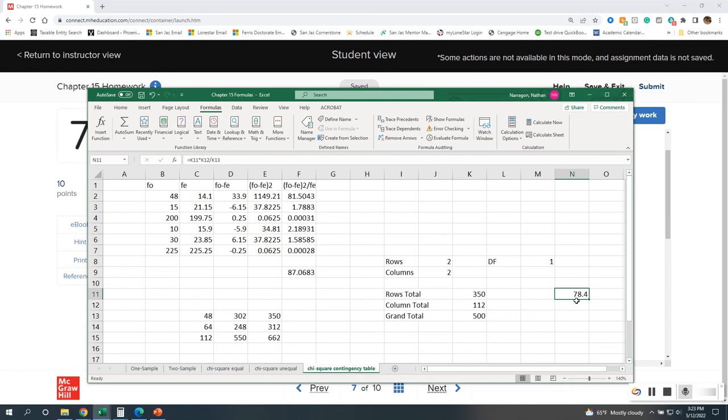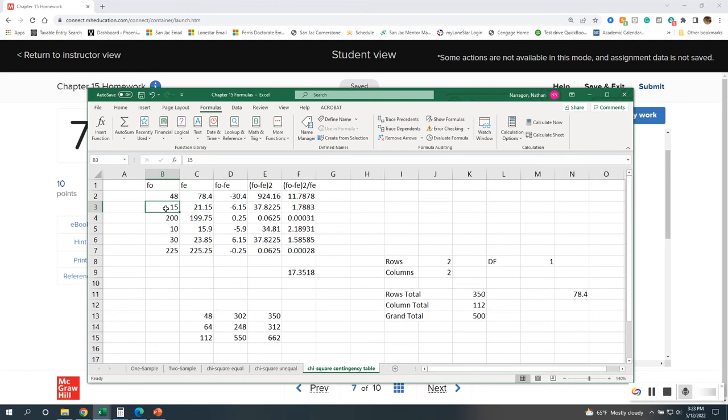So our formula to figure out what is expected is basically multiplying the row total multiplied by the column total divided by basically the sum of those two. So that means we expect to do 78.4. Okay. So again, this is going to calculate out. So we'll wait till which ones we're going to delete in just a sec.